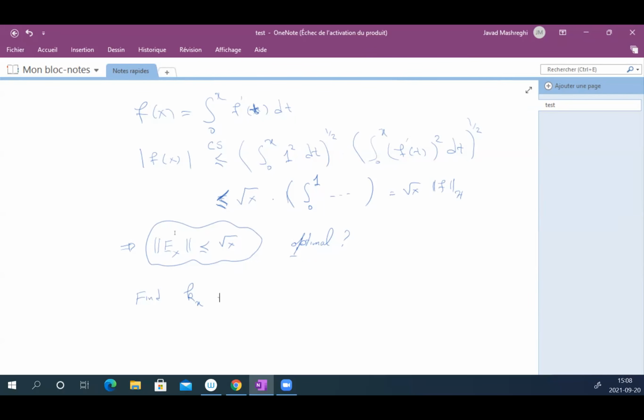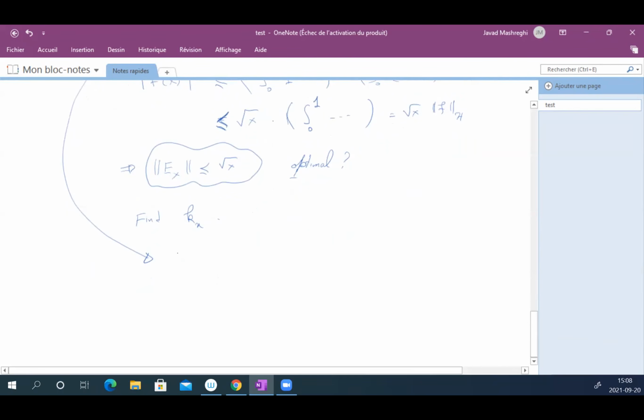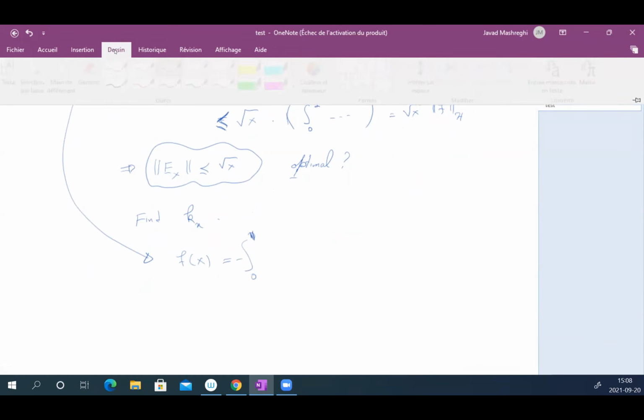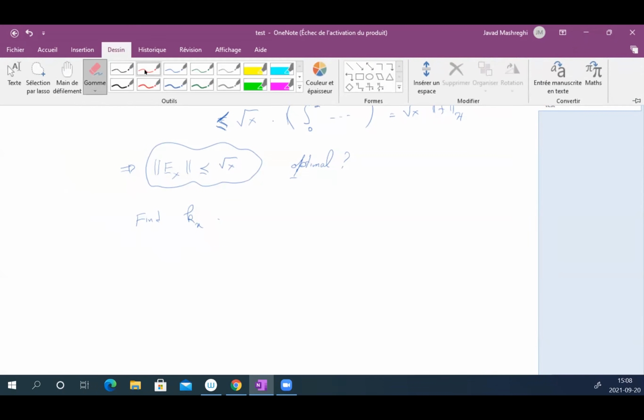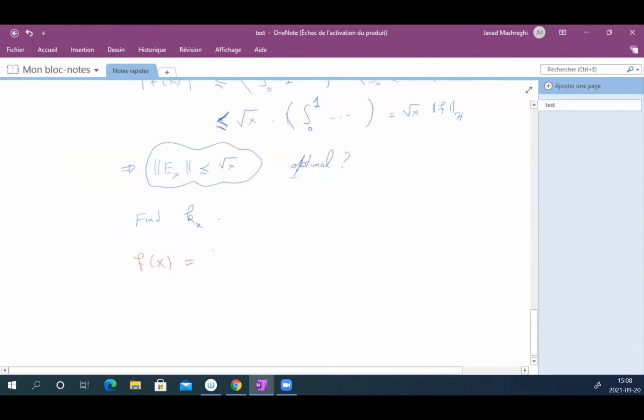Let me see. So if we start with this and we do integration by parts, we obtain precisely as in the previous case, minus the integral from 0 to, let me do the calculation. f of x is the inner product of f with kx in H. So it's equal to the integral from 0 to 1 of f prime t times kx prime t dt, nothing is different.